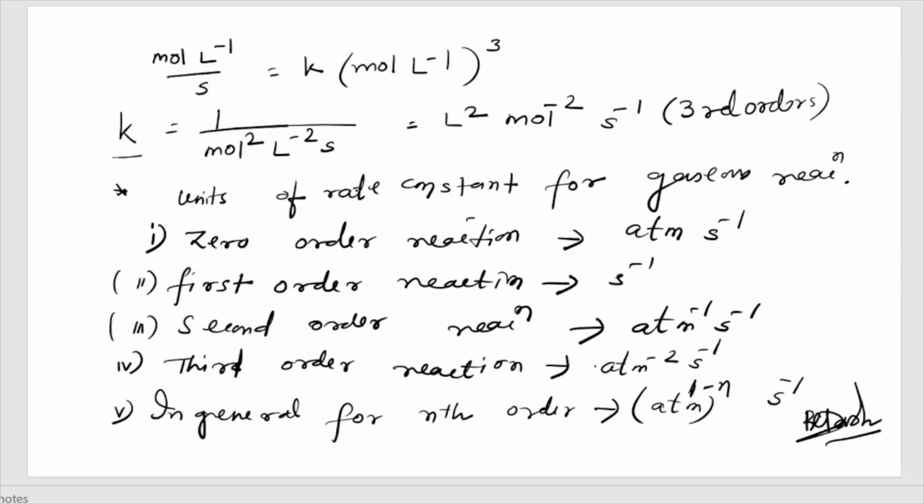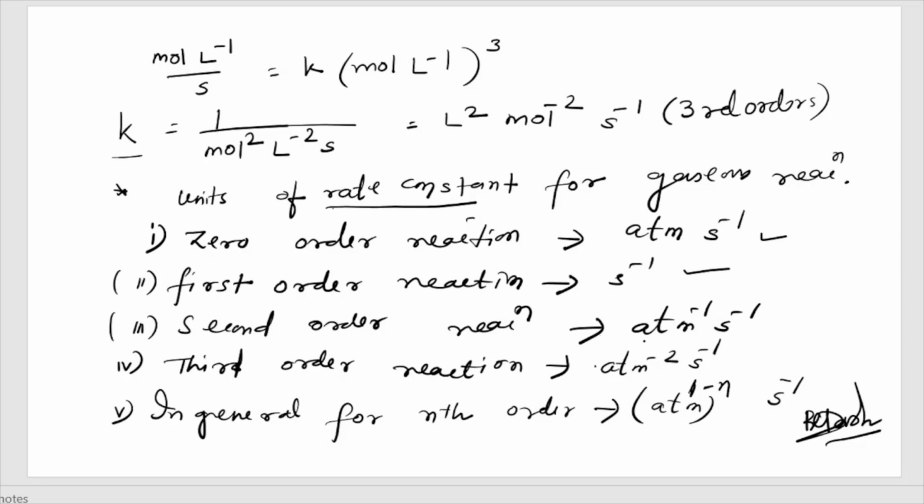If it is in the form of gas, then what are the units of rate constant? For 0 order, moles per liter. Instead of moles per liter, you will write ATM, atmosphere. First order, S inverse, same, but instead of moles per liter, you will write atm. For second order reaction, this is ATM inverse, second inverse.